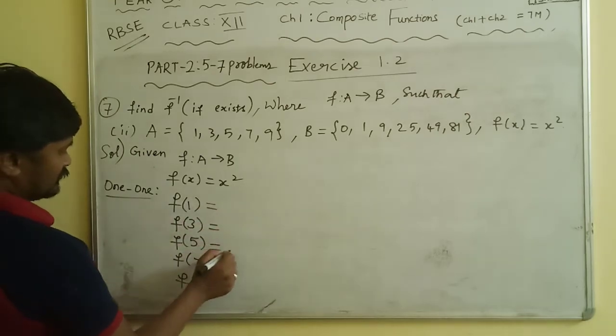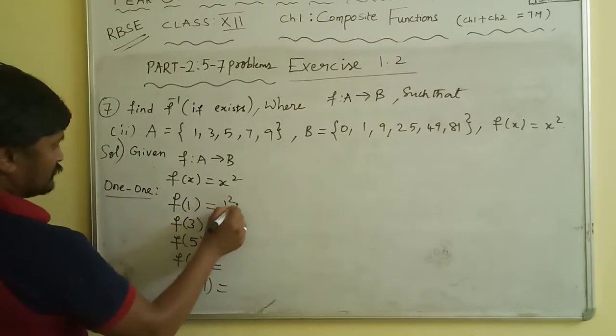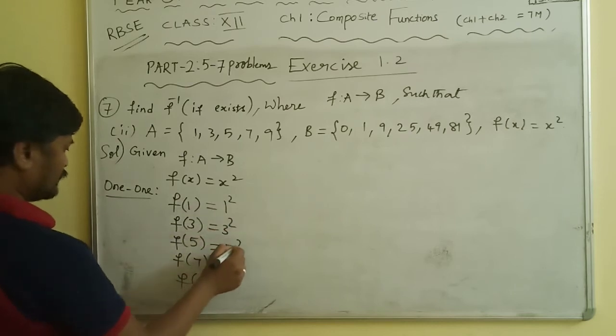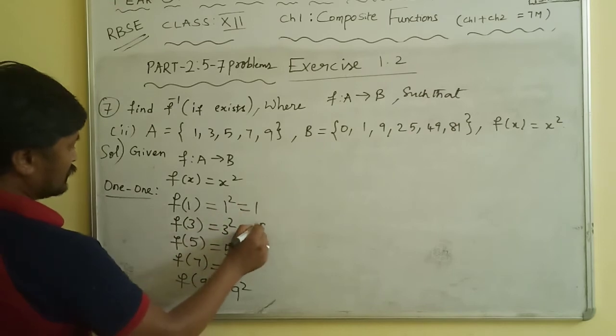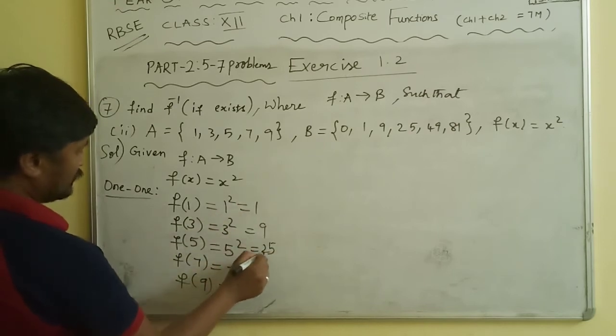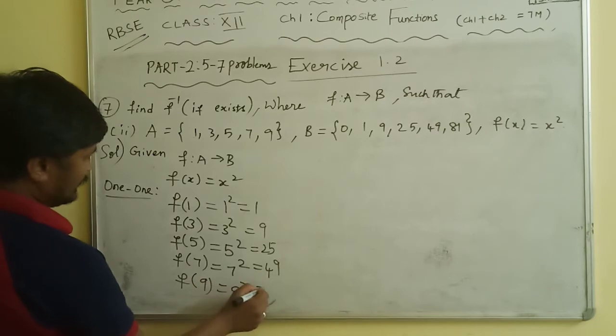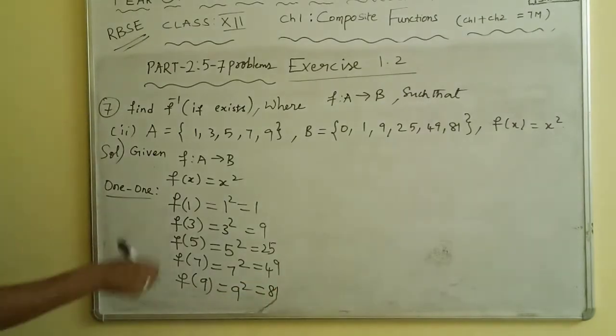So get the square values: 1 square, 3 square, 5 square, 7 square, 9 square. So 1, 9, 25, 49, 81. So we got all of this.